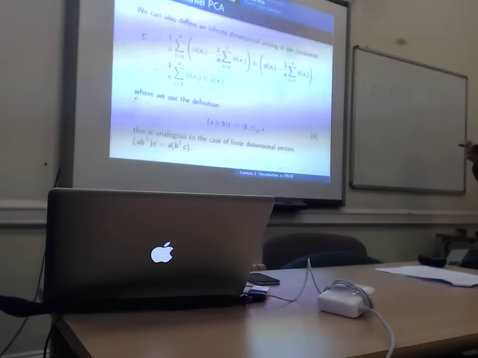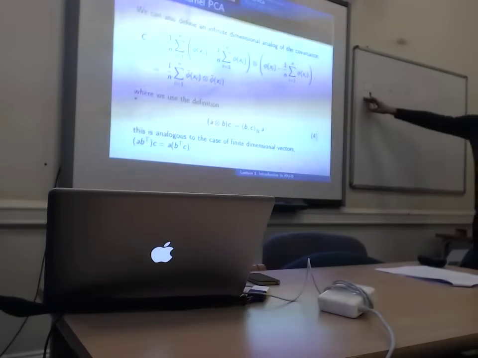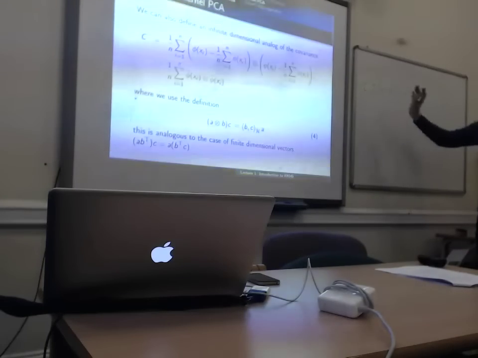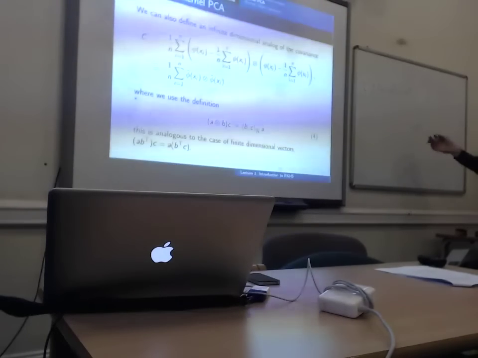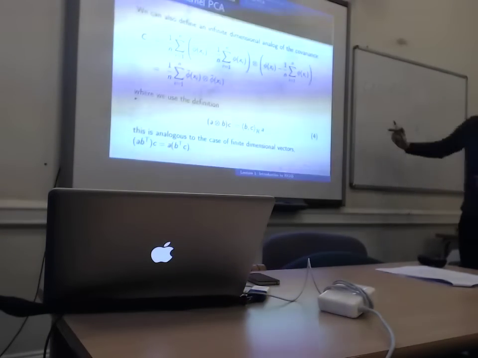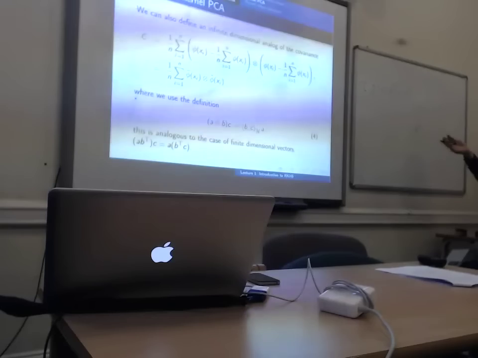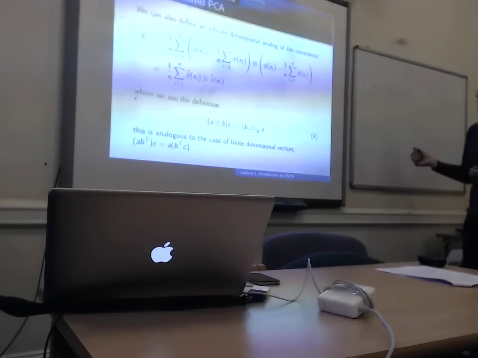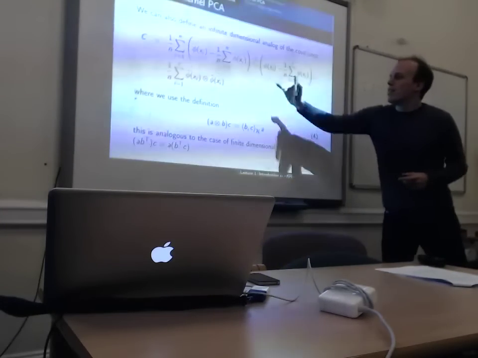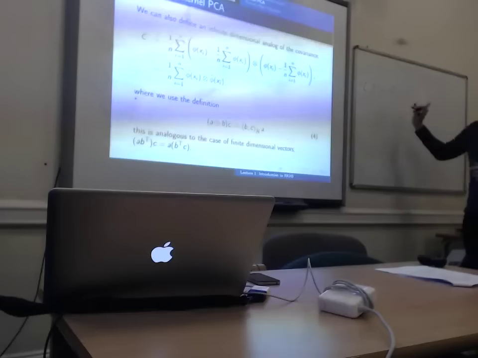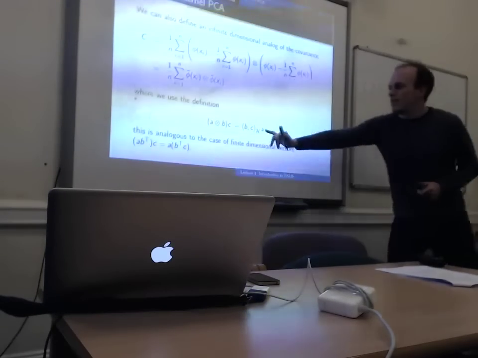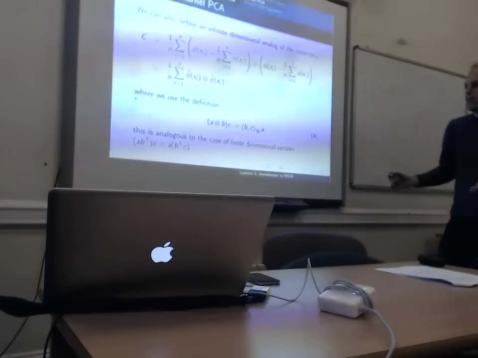Now, the trick is that we want to do this in feature space. We want to define something that looks like a covariance in feature space so we can do PCA. And it turns out the only trick to doing this is a notational one. So I'm going to define a notation that corresponds to this idea of x x transpose, and it's going to be this A cross B notation.